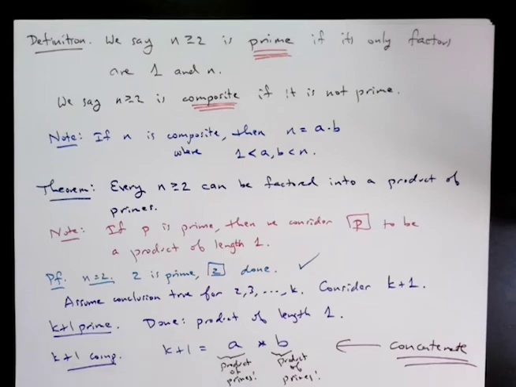Let us prove one last theorem using strong induction, and here it is. Every natural number can be written as a sum of distinct powers of 2. That is to say, any natural n can be written as n equals 2^r1 plus 2^r2 plus ... plus 2^rq, where all of the ri's are distinct.